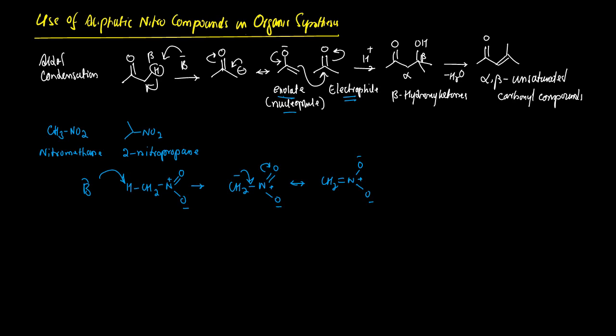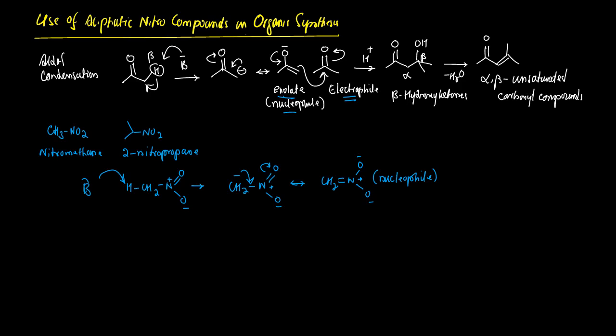So these species act as a nucleophile, and it can't add to another neutral molecule of nitromethane because the molecule doesn't act as an electrophile. It only leads to formation of a nitro enolate, and this enolate could only function as a nucleophile.